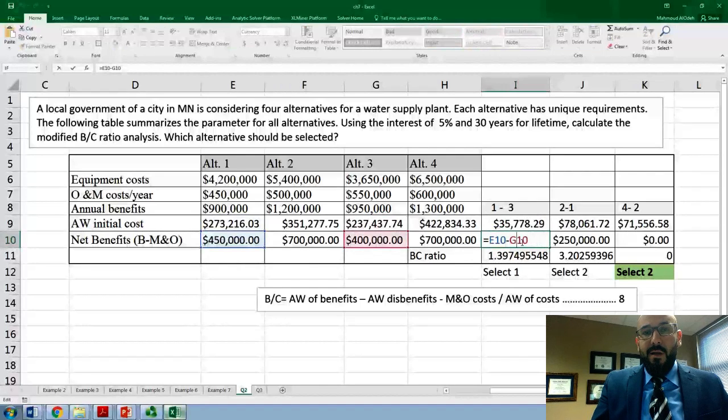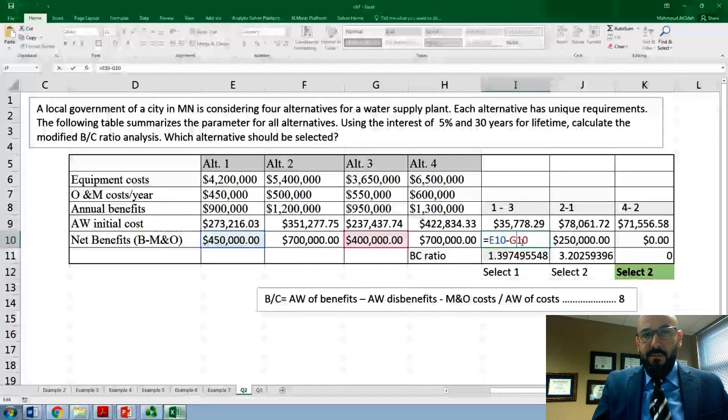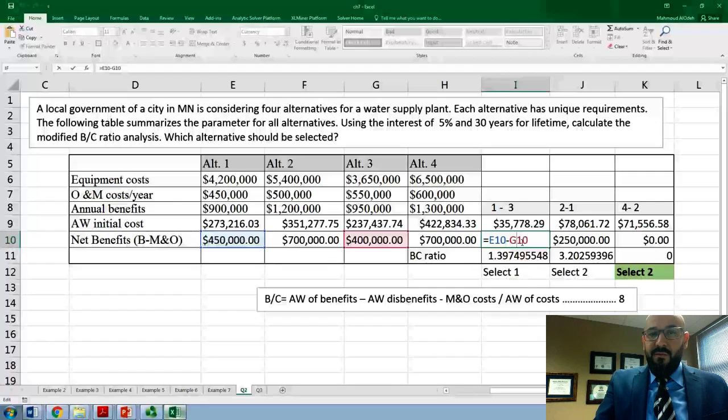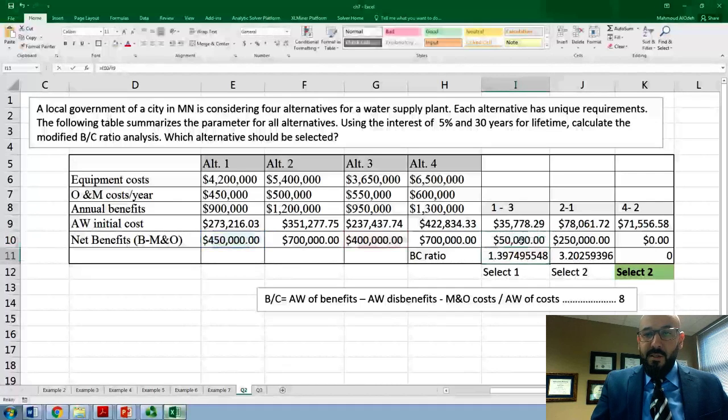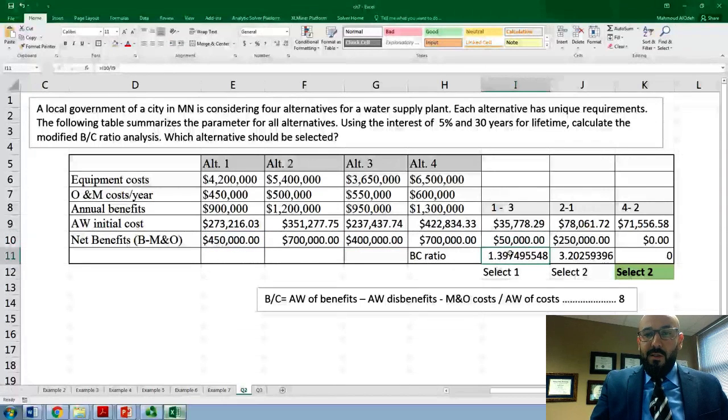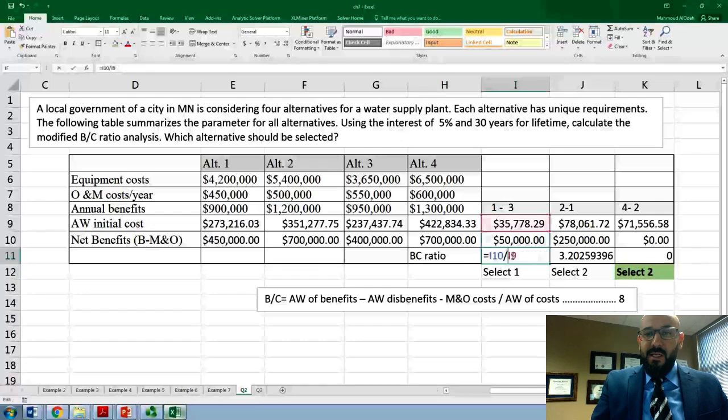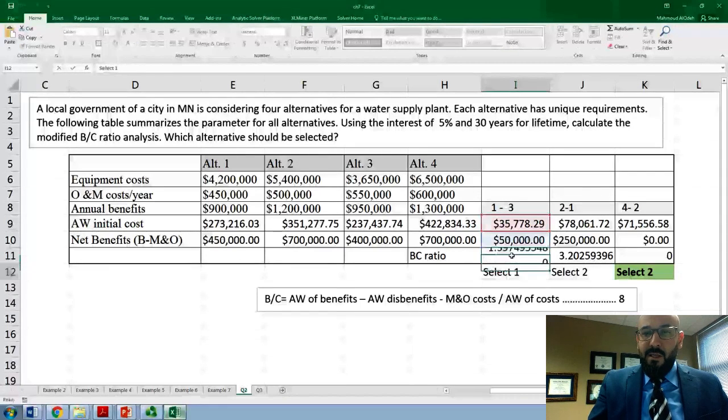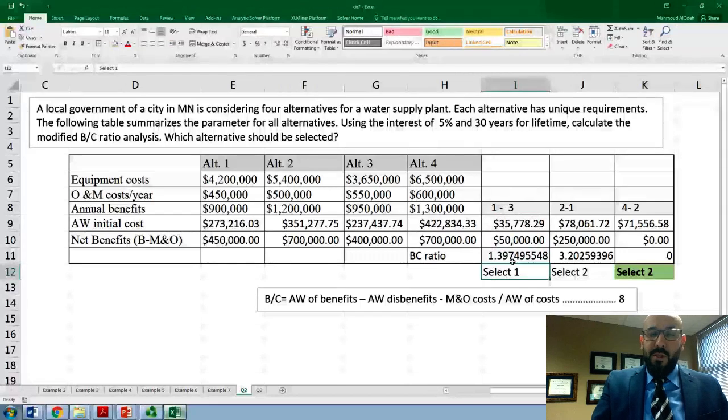We subtract 450 minus the 400,000, and then we calculate the BC ratio by dividing the benefit by the cost, and that gives you 1.39.